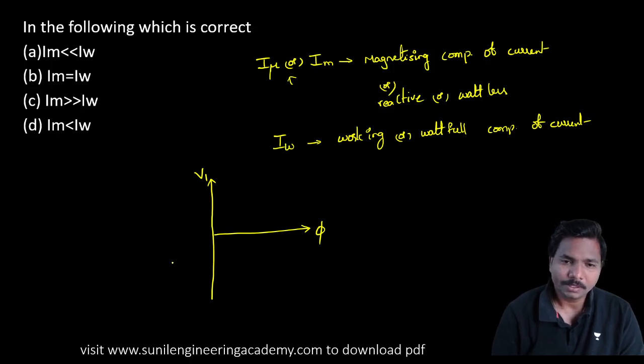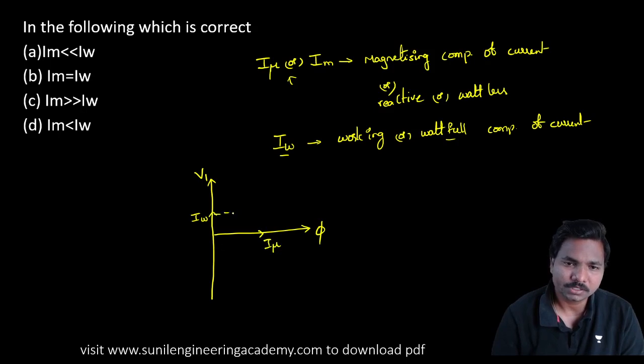Coming to the no load current, the working component, or wattful, is always the resistive component, in phase with the voltage, that is Iw. The magnetizing component, the reactive component, always lags 90 degrees with respect to the voltage, I mu.